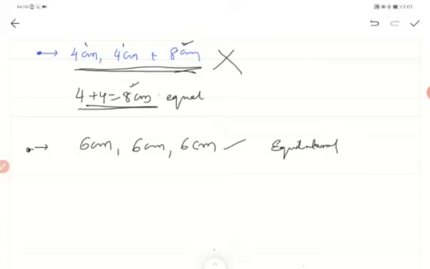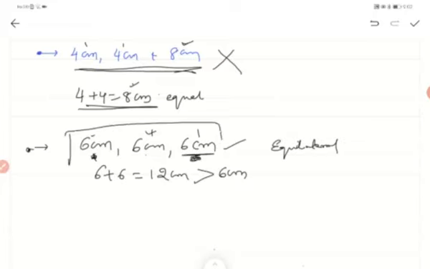To check the relationship of the sides, 6 plus 6 is 12 centimeter, which is greater than the third side, 6 centimeter. Similarly, any other two sides give 12, which is greater than 6. So using these measurements you can construct a triangle, and it will be an equilateral triangle.